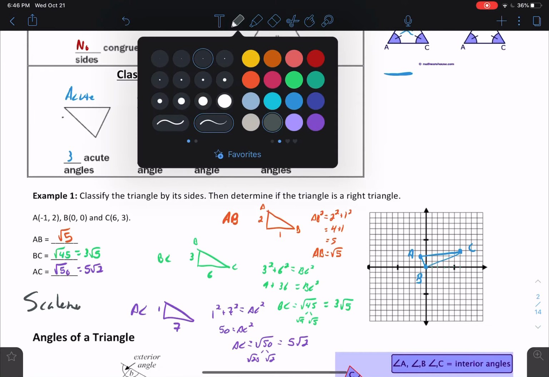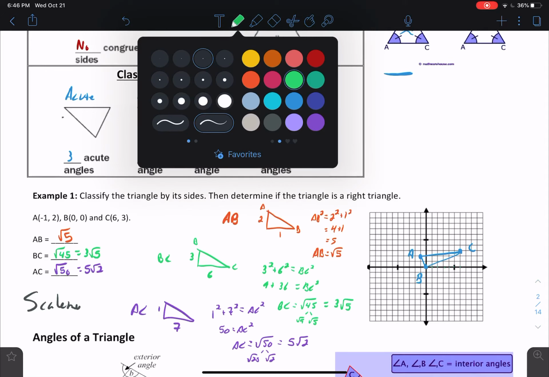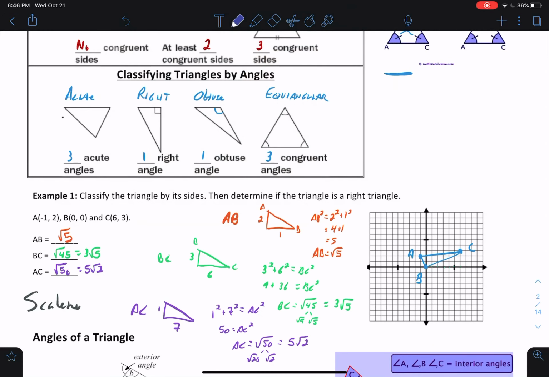So I need to find the slopes. The slope of AB, the rise over run, is down 2 to the right 1. The slope of BC is up 3 to the right 6, which simplifies to 1/2.